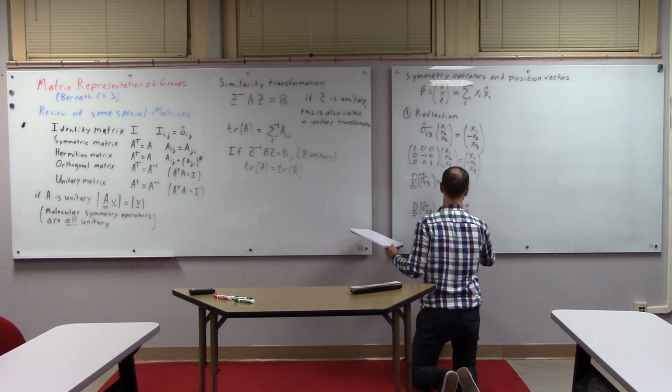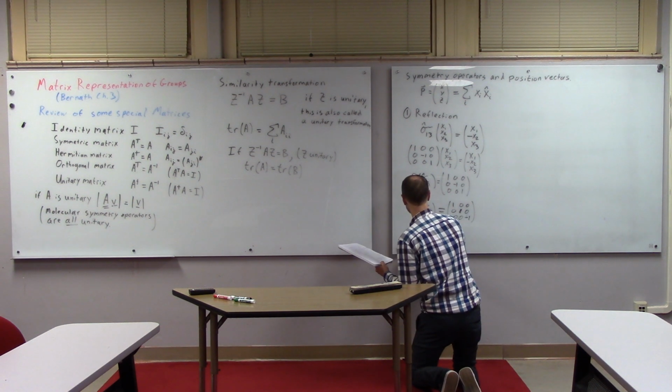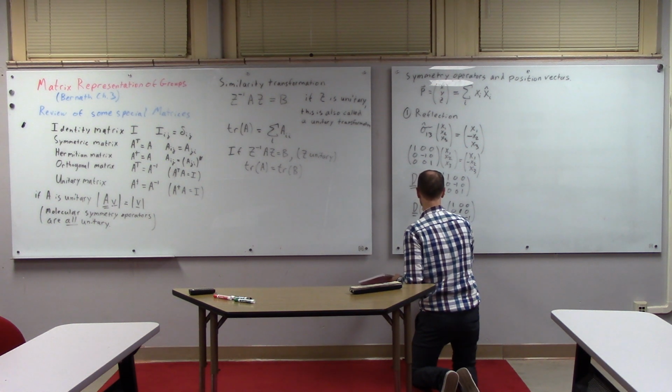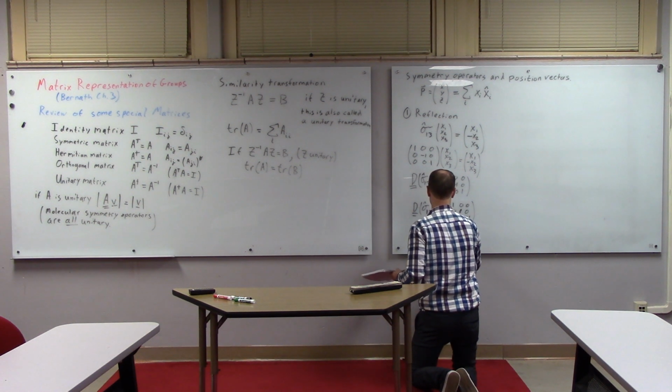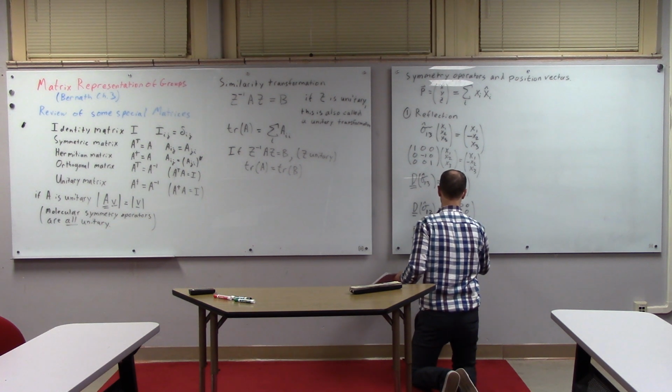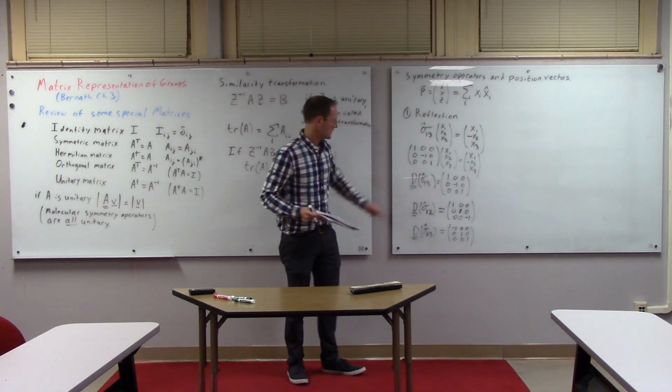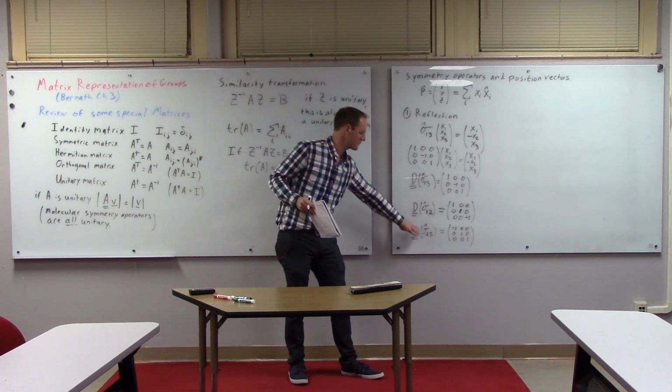So the matrix for that is going to look like that. And if we reflect about the yz plane, sigma yz, that's going to multiply the x coordinate by -1. Okay, so these are the matrix representations of these different reflection operators.